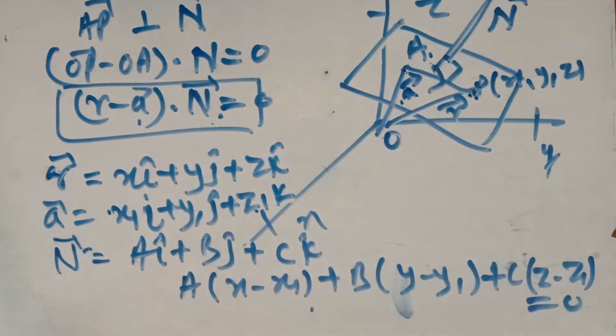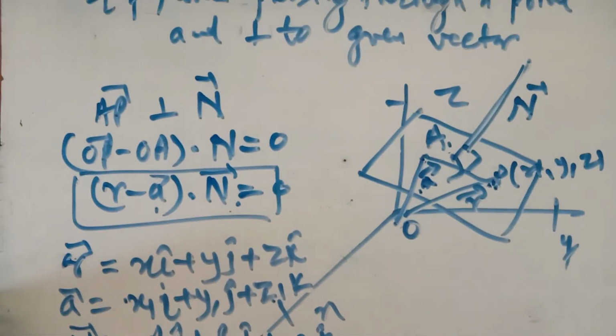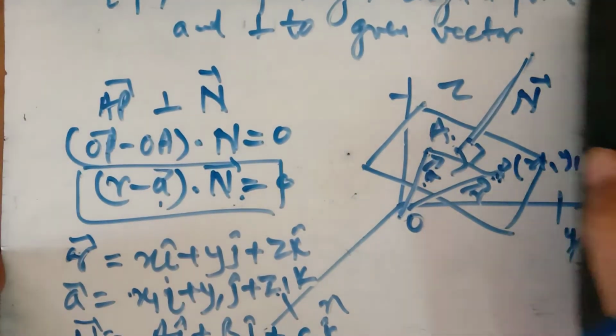So this is the equation of the plane in Cartesian form when it is passing through a point and perpendicular to a vector.